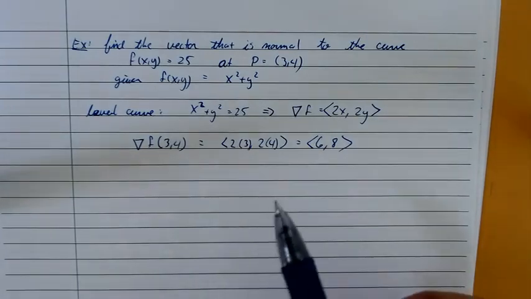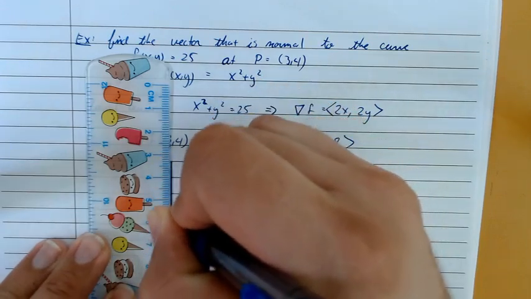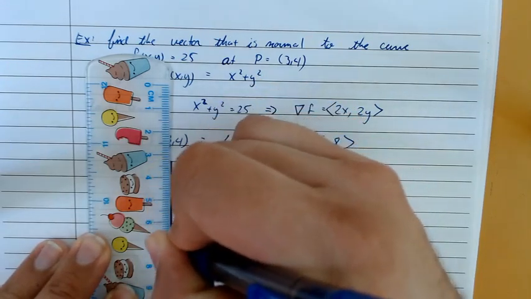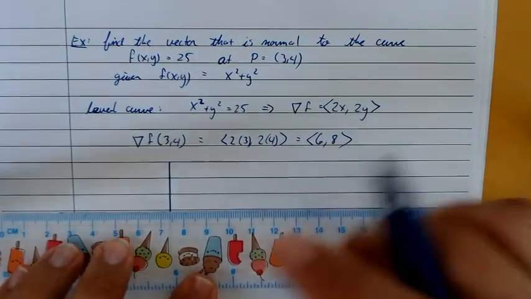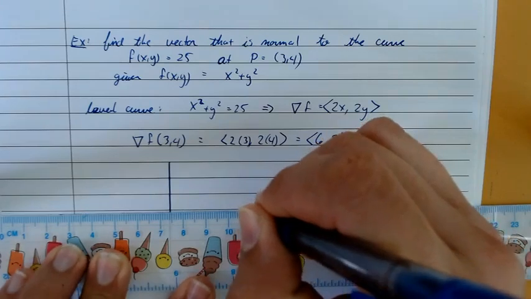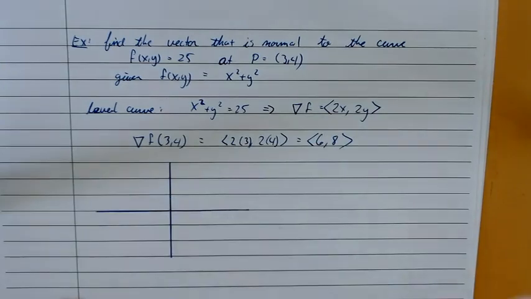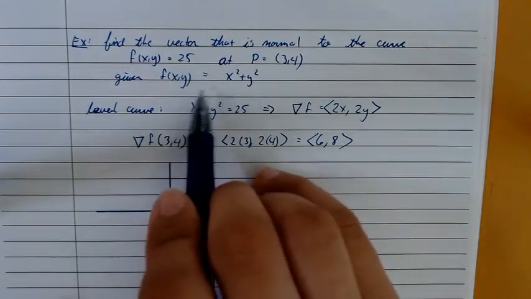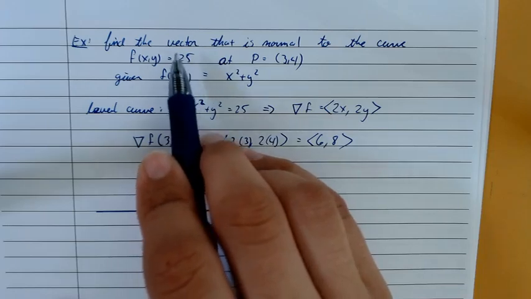And while it's not really necessary for this, a quick illustration will help further confirm the visual interpretation that we saw in the previous theorem. So we're going to take a bunch of level curves. Our function is f of x, y equals x squared plus y squared, so our level curves are all going to be circles.